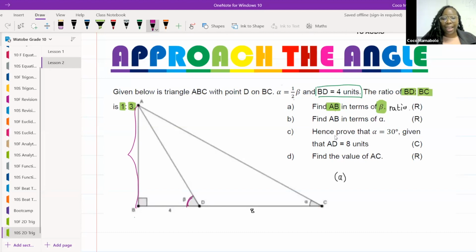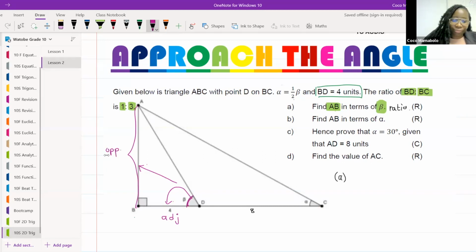Now, let's think about this, guys. If we had to label this, what side would the 4 over here be? What would it be? Good, it would be the adjacent. That's the one piece of information we have. And the side that we're actually looking for, AB, is going to be which side? Good, the opposite side. Beautiful.